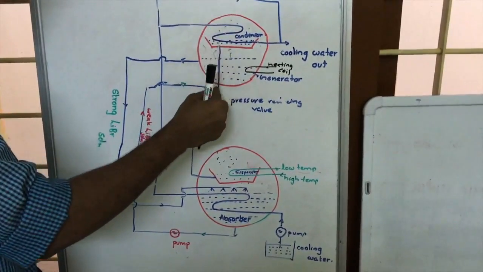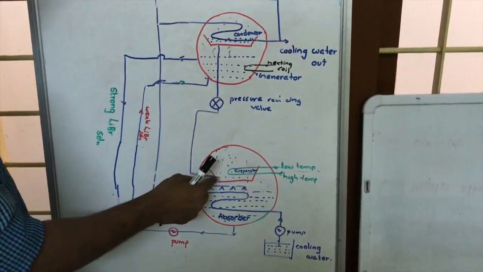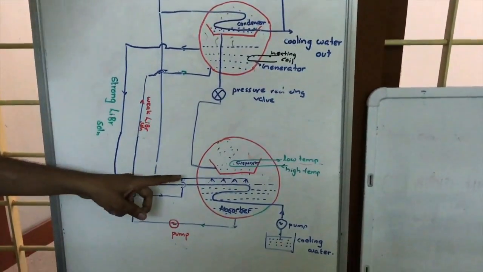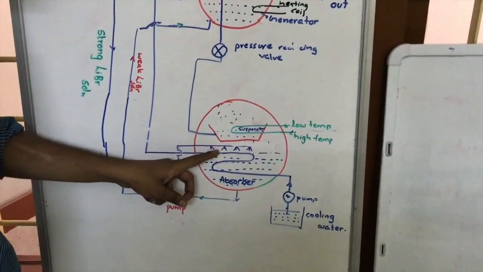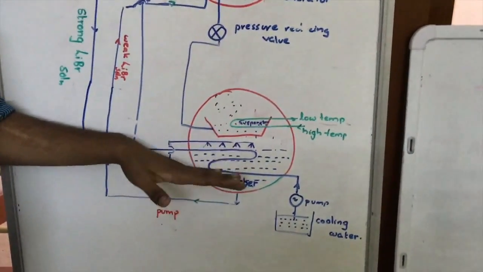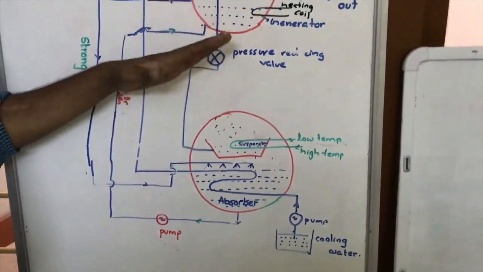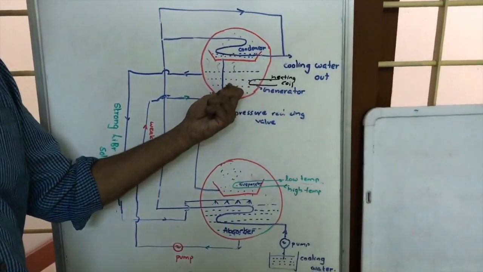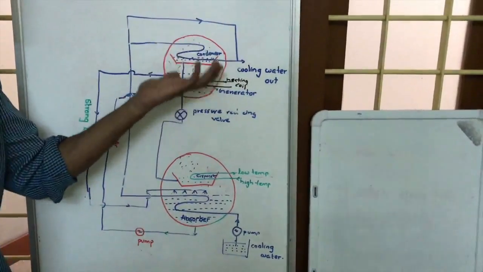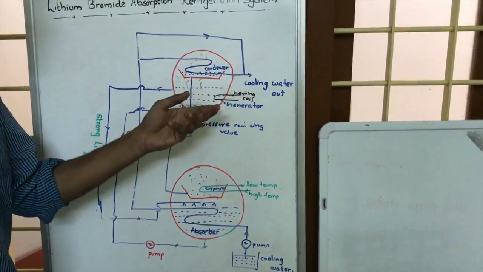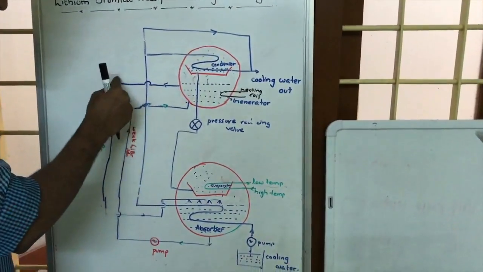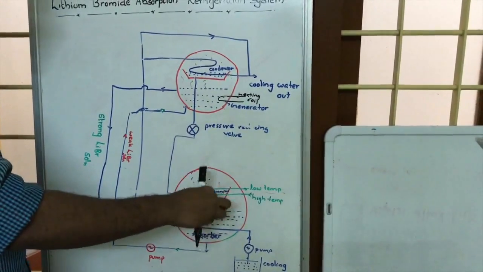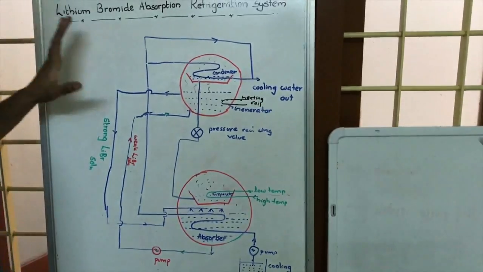This liquid is then passed through the pressure valve, and this process continues. And here we have seen that we are spraying lithium bromide. How we spray it is, we already know the solution available here is concentrated, because H2O is leaving from the solution because of heating. So that concentrated solution is taken for sprinkling lithium bromide here. So this is the entire setup.